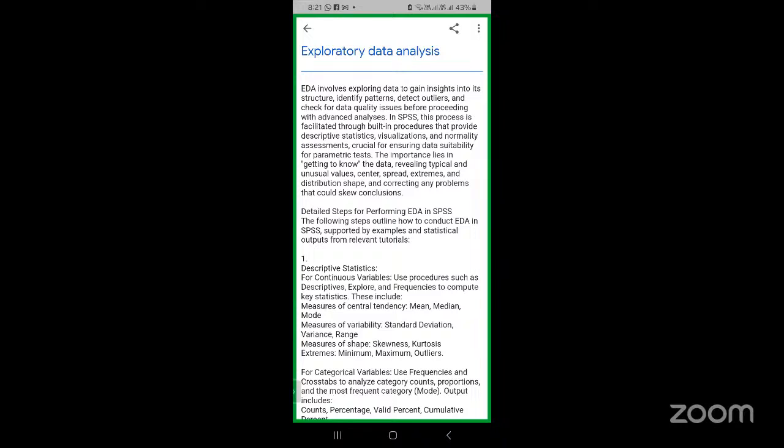So if you find that your data follows the continuous variable, that is the metric data, then in SPSS use procedures such as Descriptives, Explore and Frequencies to compute the key statistics. These include measures of central tendency: mean, median, mode; measures of variability: standard deviation, variance, range; measures of shape: skewness, kurtosis; extremes: minimum, maximum, and outliers.